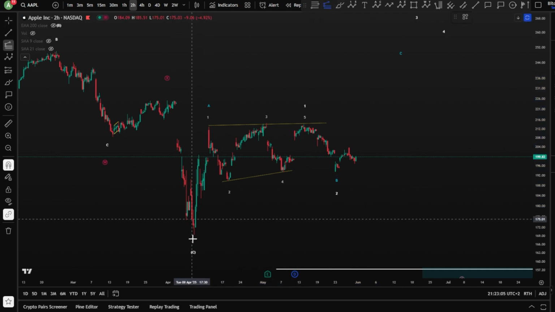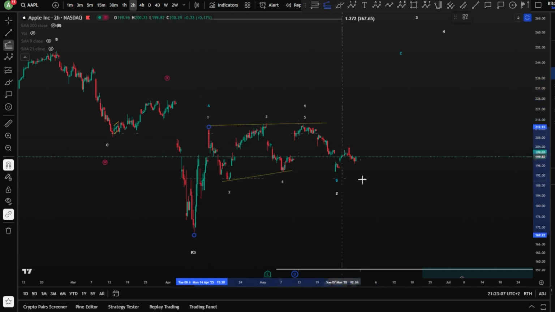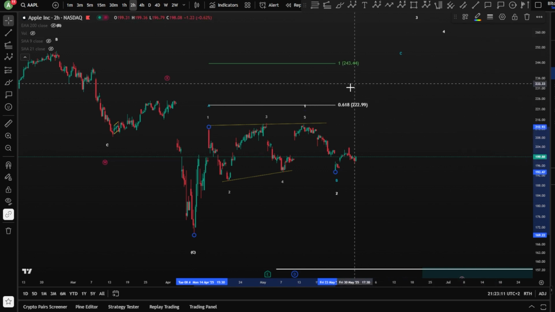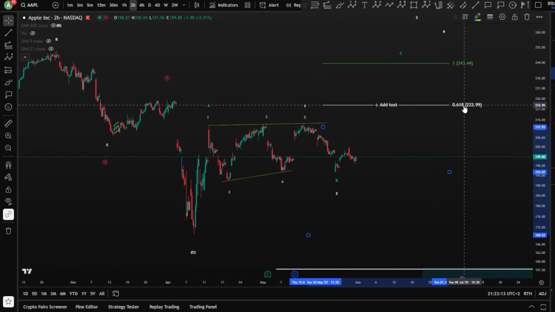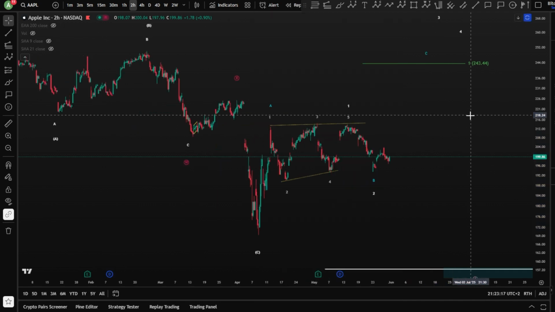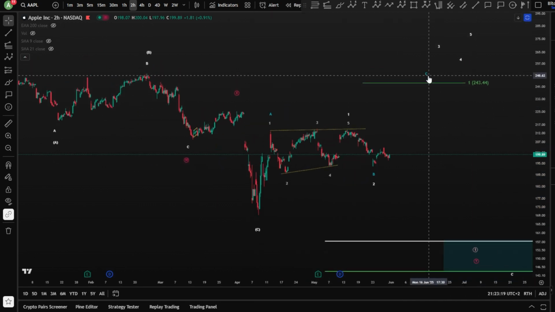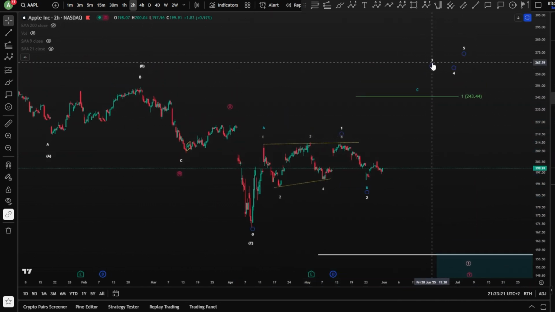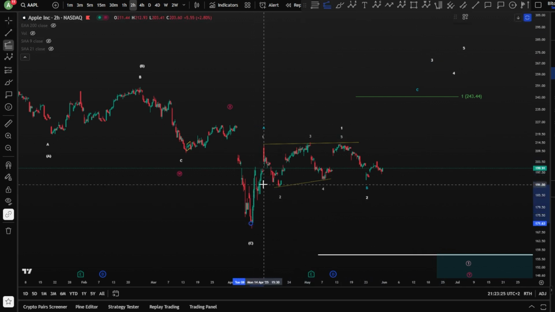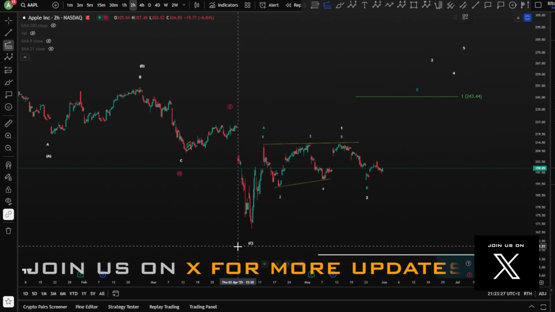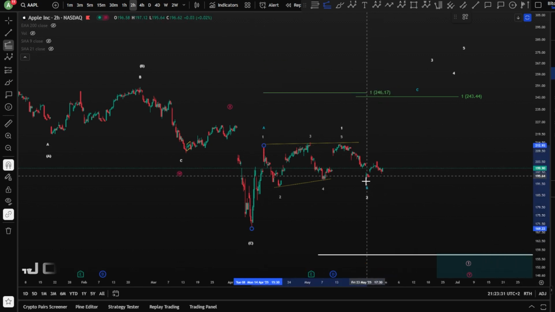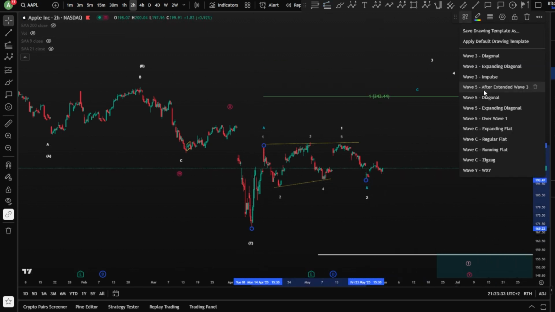The targets for a wave C are given as follows here, where we have a potential wave C as a zigzag for the 243. This is a possible scenario for this wave C that it might hit over there as an impulse. The wave 3 is a little bit different. It can be between the 1.27 and the 1.618, given as follows with the wave 3.